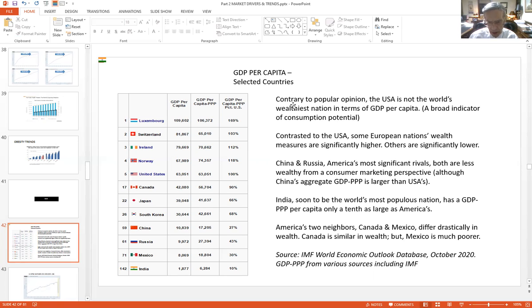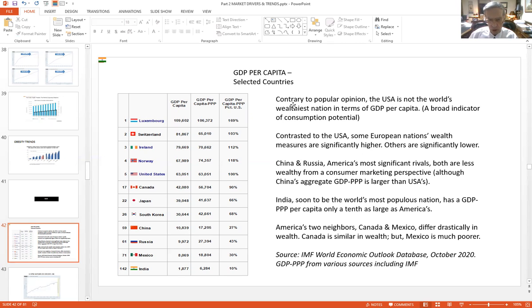So there are a few small countries where GDP per capita is actually substantially larger than it is in the United States. But those two countries, or one country in particular, Luxembourg, is quite small.